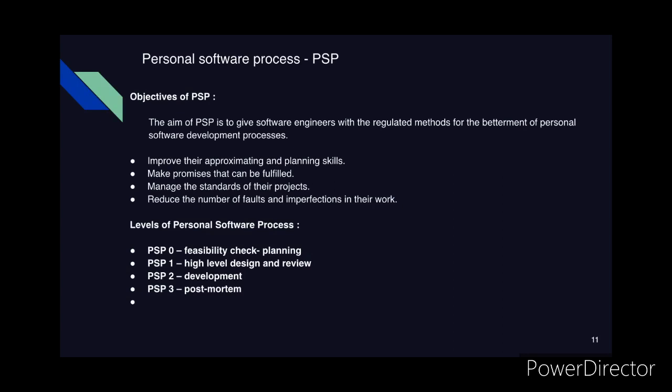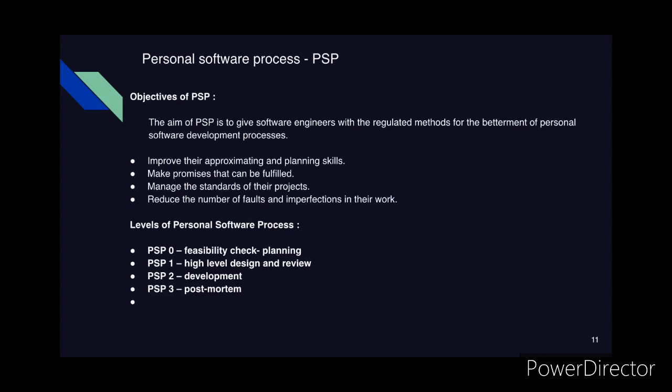Now PSP 1 includes high-level designing, and after designing, it also covers the review of that design by the organization, the team members, or the customer. Now the third is PSP 2.